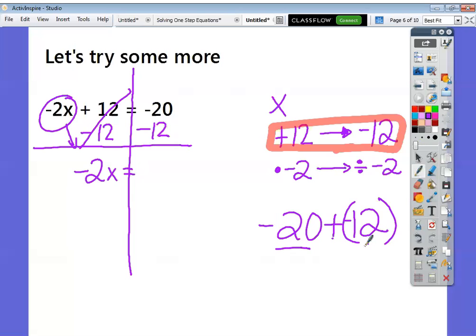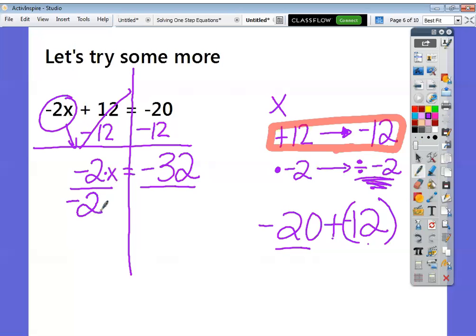Keep change. And now it's like, oh, negative 20 plus negative 12 is a negative 32. So we know that that was multiplication. So this tells me what I do next. Here's my division bar. What's the number that I have to divide by?